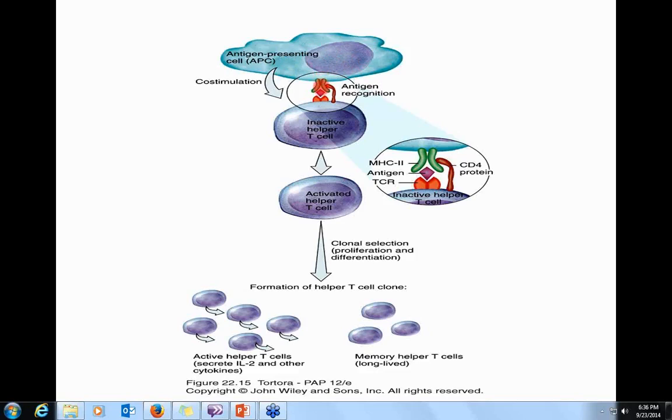Notice it has a fragment, and that fragment is presented with an MHC2 complex. Once this occurs, once you put the key in the lock, you get to activate the helper cells, and they'll go and either make active T helper cells, again, which secrete interleukin and other cytokines, or you make memory cells should you come into contact with that pathogen later.